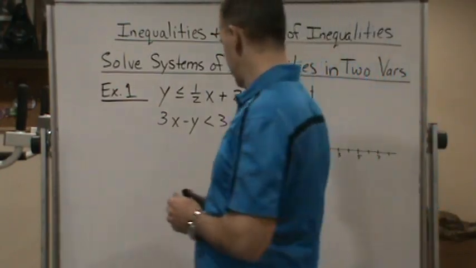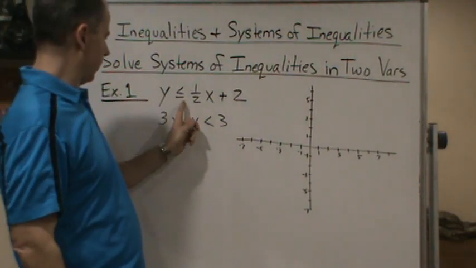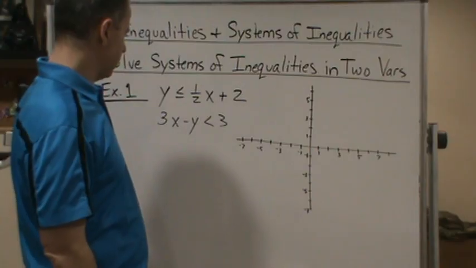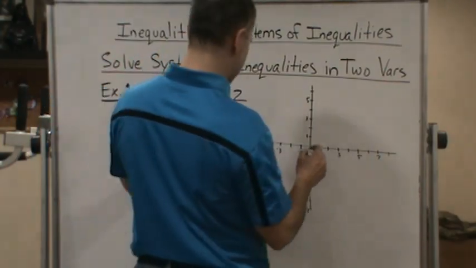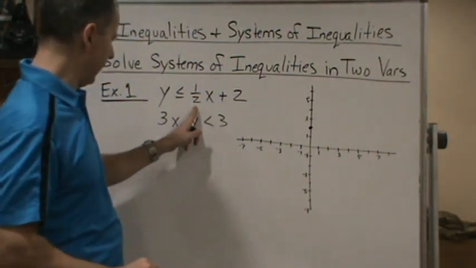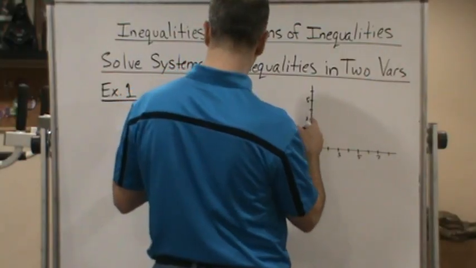Okay, so let's graph the first one. Here, we're going to graph the equation y equals 1/2 x plus 2. So the intercept is at 2, and it goes up by 1/2 or down by 1/2. So it goes up 1 and over 2.